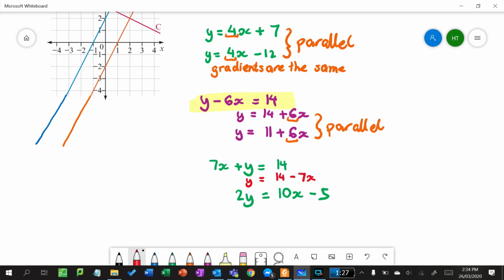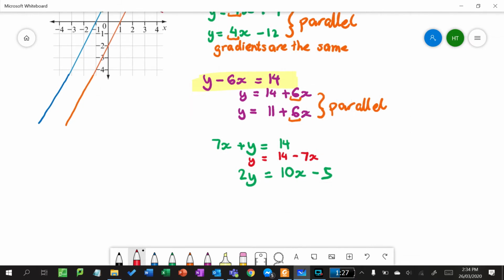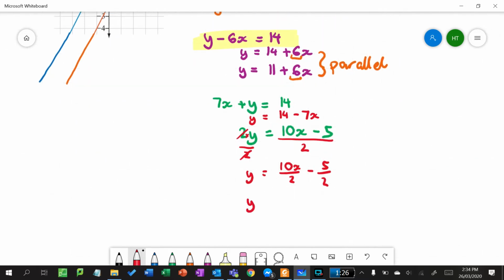And let's transpose the second one. Because I got a 2 times y here, I need to divide both sides by 2. So these two cancel out to leave y, and then I get 10x over 2, take away 5 over 2. I just split the fraction up. y equals 5x, because 10x divided by 2 is 5x, take away 5 over 2. I'll just leave this as a fraction. It doesn't really matter for our case.